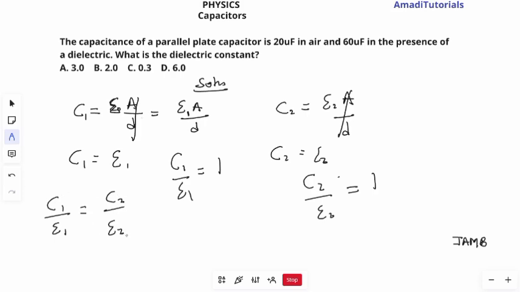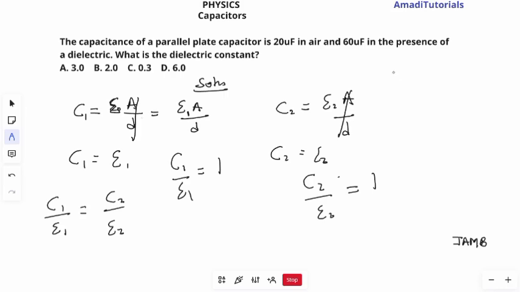So we have C1 and C2, and then we don't know epsilon 2 and epsilon 1. How do we know them? Epsilon 1 represents the relative dielectric constant of air, while epsilon 2 represents the relative dielectric constant of the new material medium.